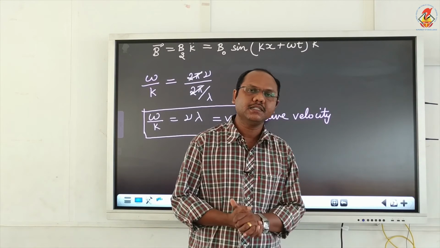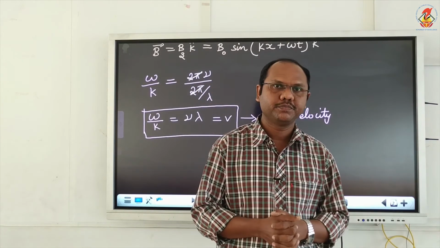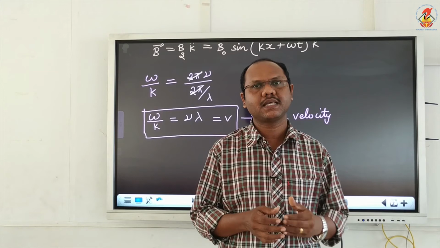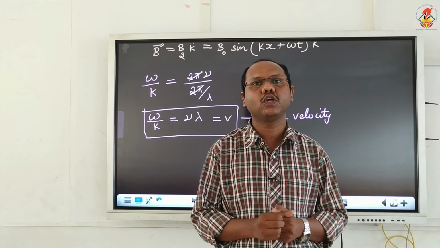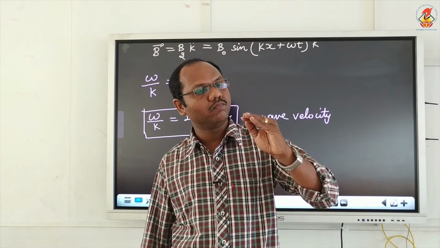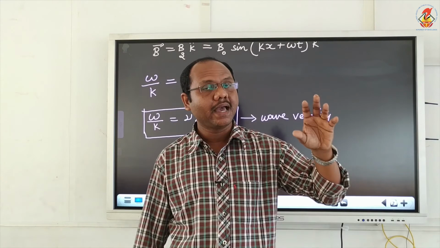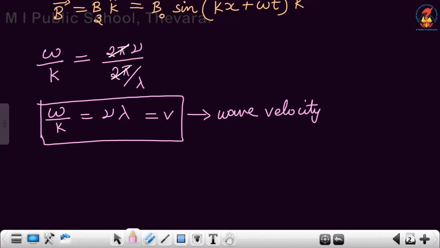Now we are discussing how an oscillating charge produces an electromagnetic wave. We already said the charge should be oscillating and it should have non-zero acceleration. So imagine a charged particle oscillates to and fro. This is the mean position; the speed will increase, and when it reaches the end, the speed becomes 0.